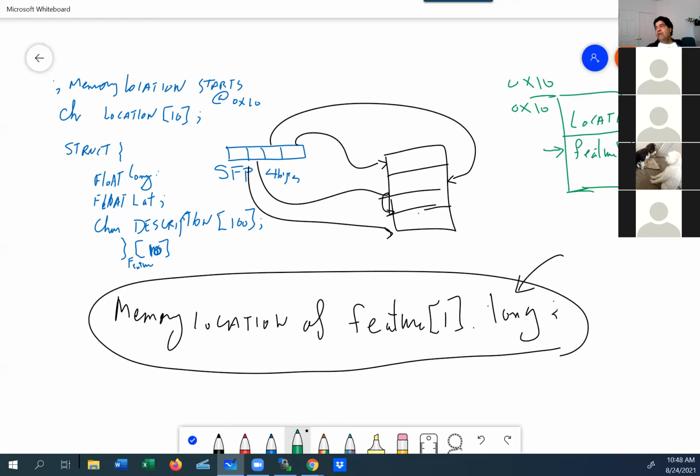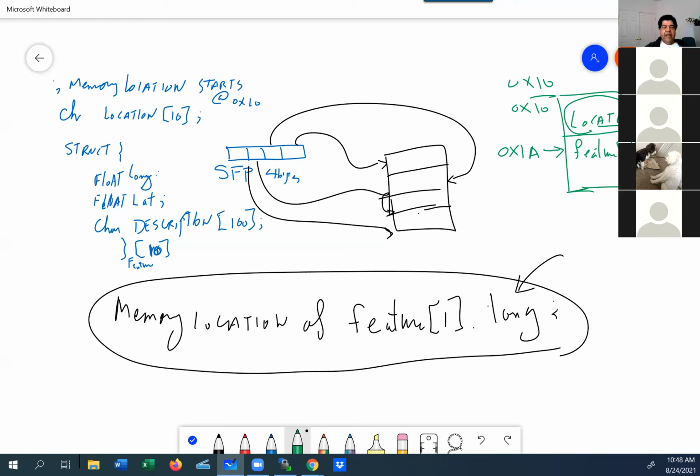You can go ahead and type in your answer if you want. Okay, so this would be 0x1a, because location has 10 bytes.